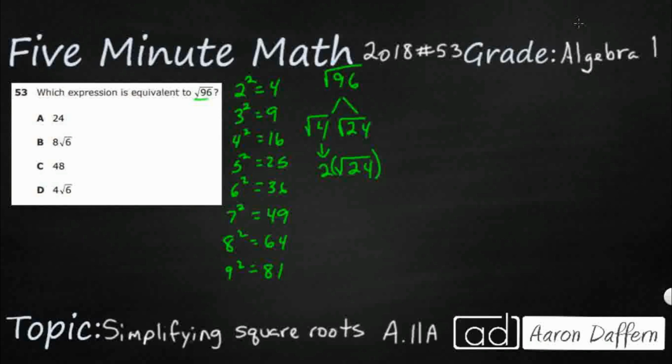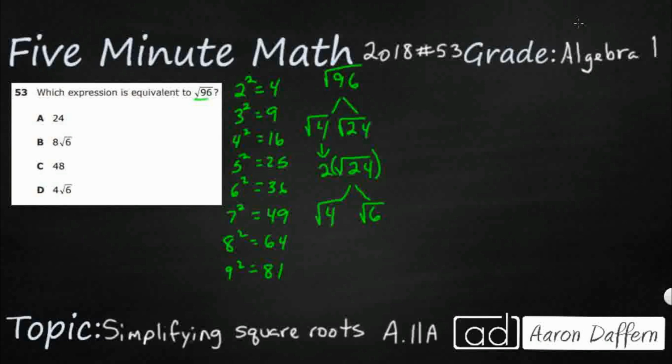Just like when you're simplifying fractions, you always need to think, well, can I simplify it anymore? Let's take a look at this 24. That 2 is still going to stay out there. Can we divide anything into that? Hopefully you think, oh, I could divide 4 into that again. So 4 times 6. But that's not just 24, that's the square root of 4 times the square root of 6.